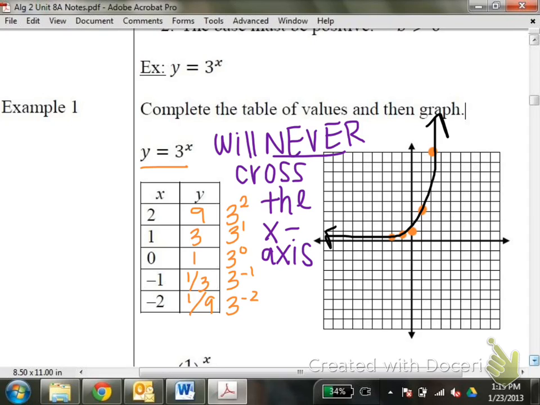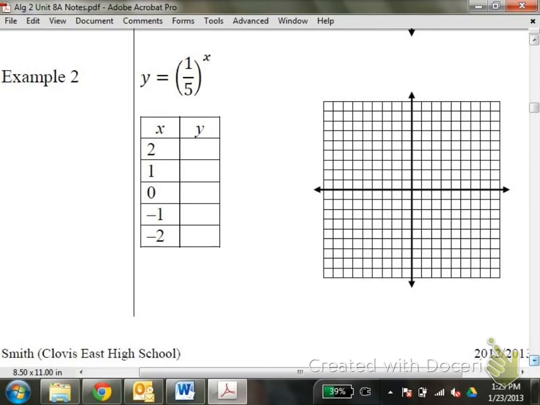It will get really, really, really close. You might have a y value that's like 1 over 100. That's really close to the x-axis, but it never actually touches. Okay? Okay, so since my base is 1 over 5, if my exponent was 2, that would be 1 over 5 squared. So what would my y be?